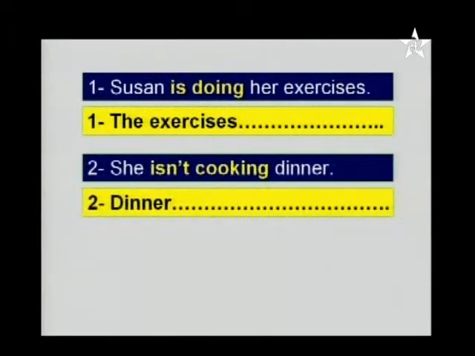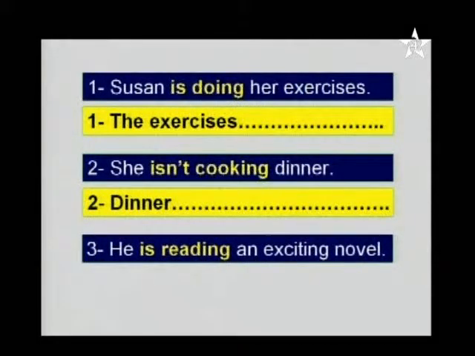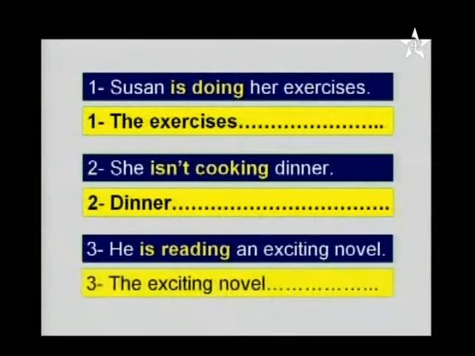Passive form, dinner. Number 3. He is reading an exciting novel. Number 3, the exciting novel.